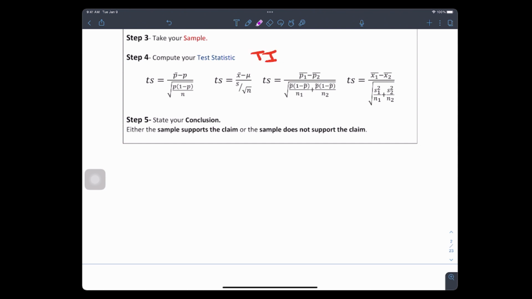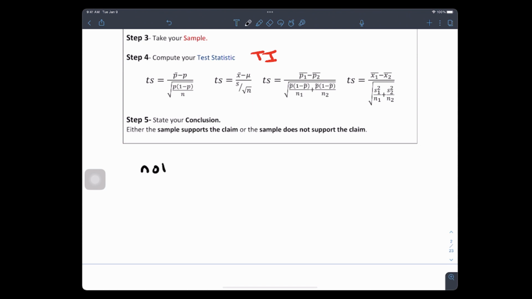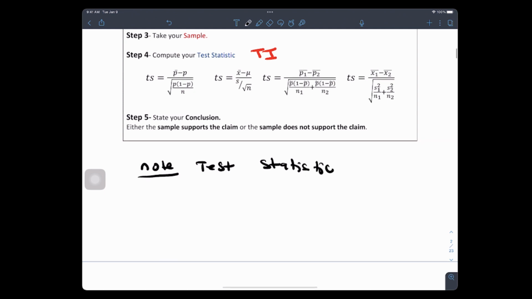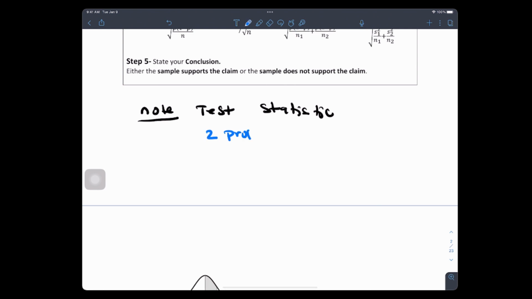Here's a couple of notes for the TI before we dive into it. The test statistic is going to be what we call the two-proportion Z test.